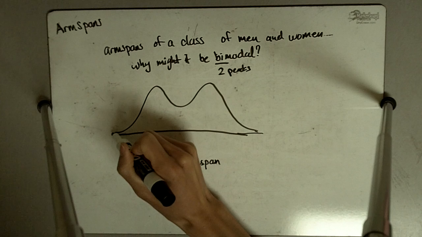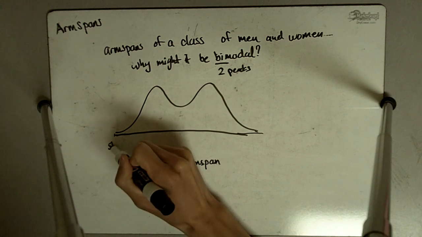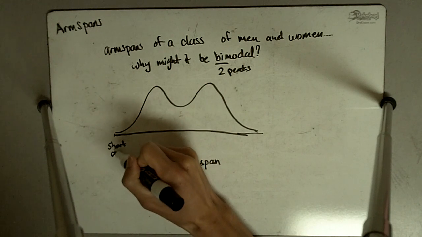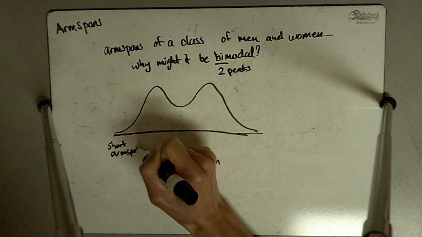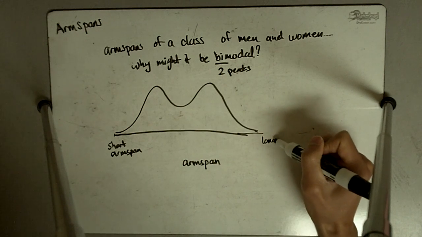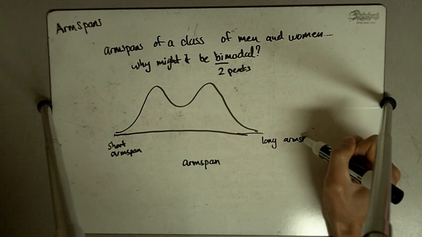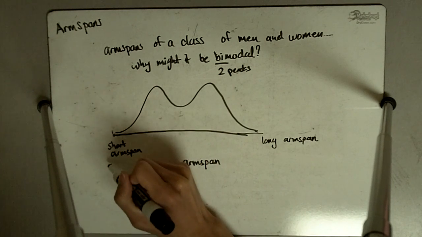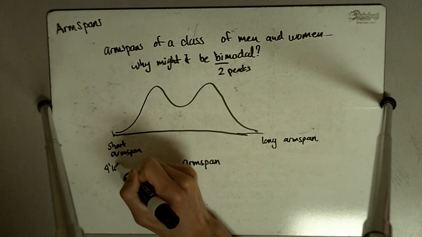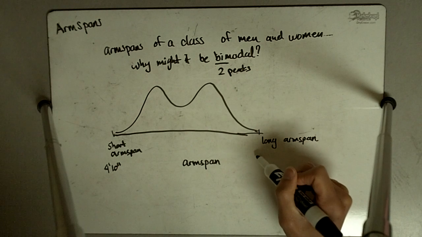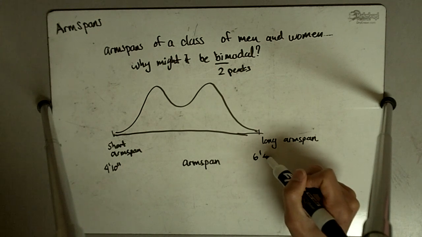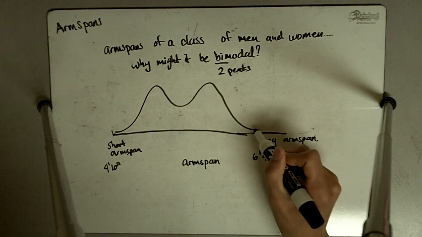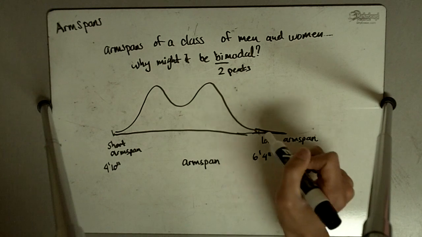So this over here would be people with short arm spans, and this would be long arm span. Okay, so probably down here something like 4 feet 10 inches, and over here this might be 6 foot 4 inches or something. You know, some people might have arm spans that are even longer.